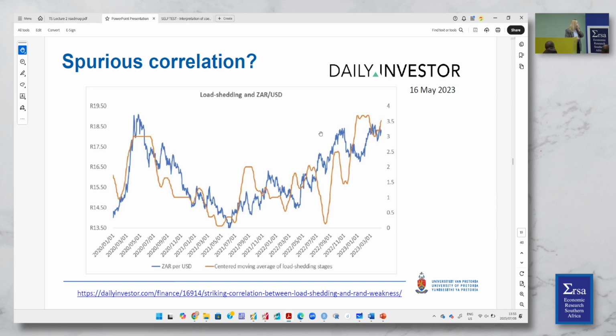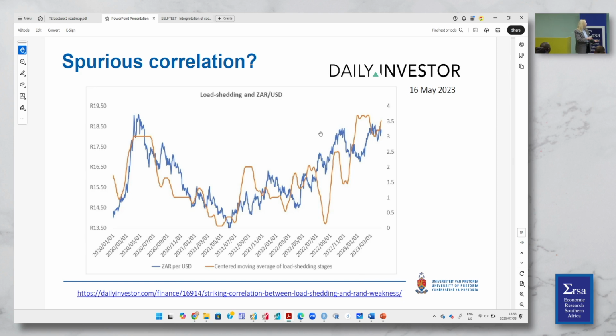At the time, I believe you can see it is 2 years ago when I set up this set of notes, and I came across this graph on dailyinvestor.com. And what do we see here? The blue line is the exchange rate, and the orange line is load shedding stages at that stage.